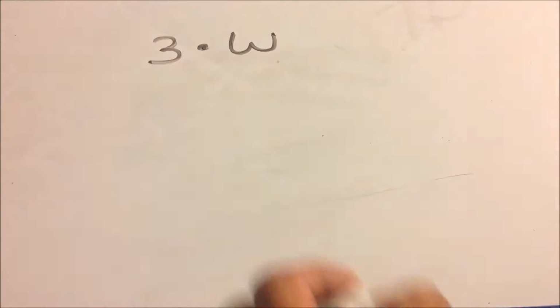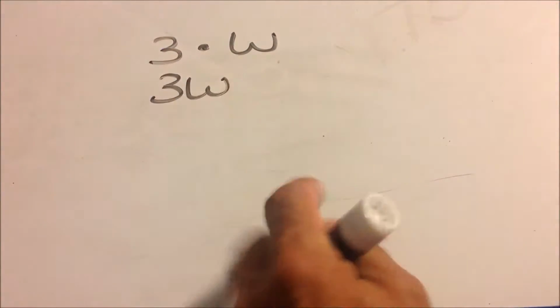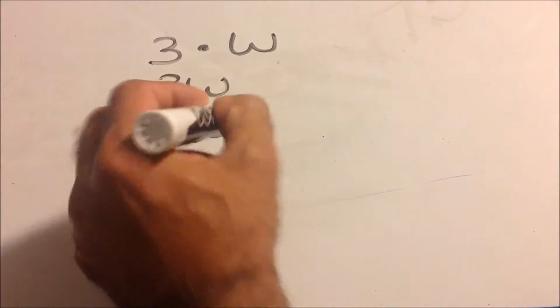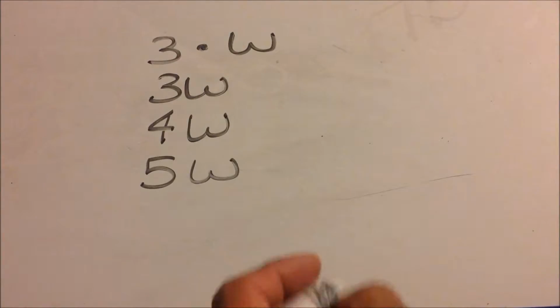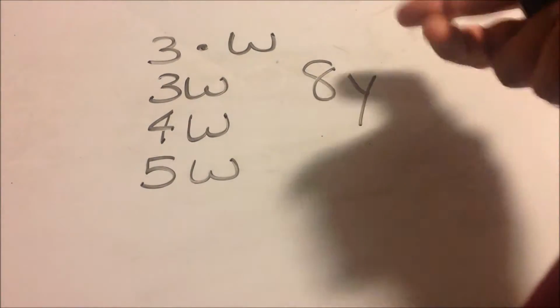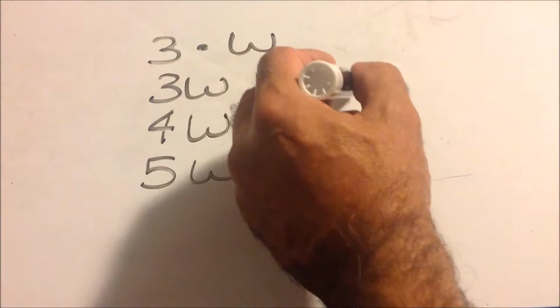If you saw 3 times W, you can just say 3W. That means 3 times W. So what does this mean? 4W. 4 times W. What does this mean? 5 times W. What does this mean? 8 times Y, whatever the number is. So this is called the coefficient, and this is the variable.